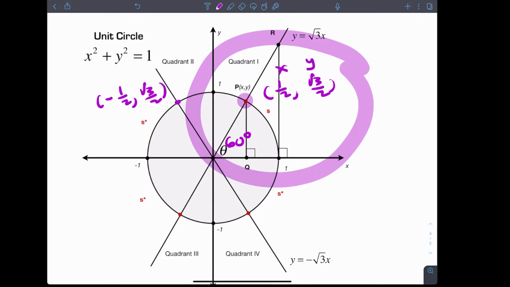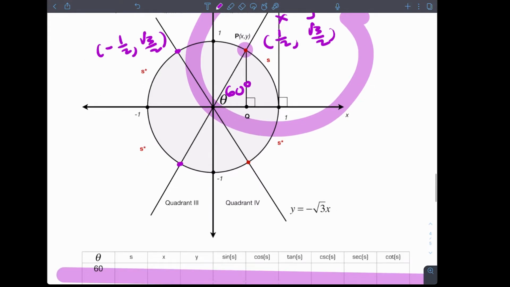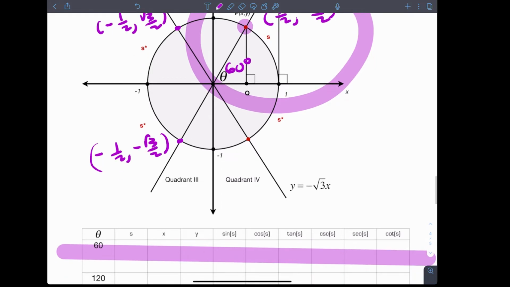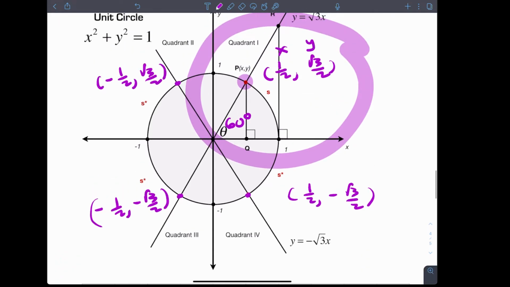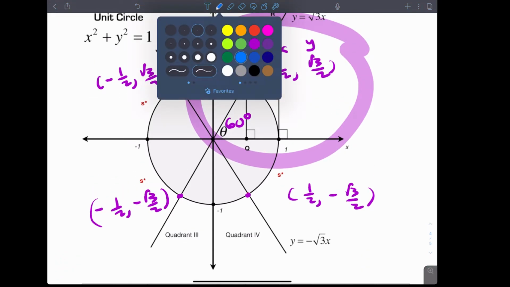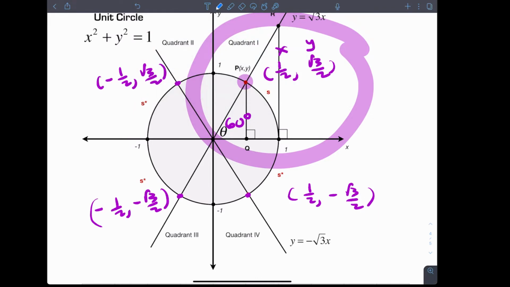This will be down here. Minus 1/2, minus square root of 3 over 2. And then this over here going to be what? Positive 1/2, negative square root of 3 over 2. Is that right? And then what do we say? All what? Students take what? Calculus.